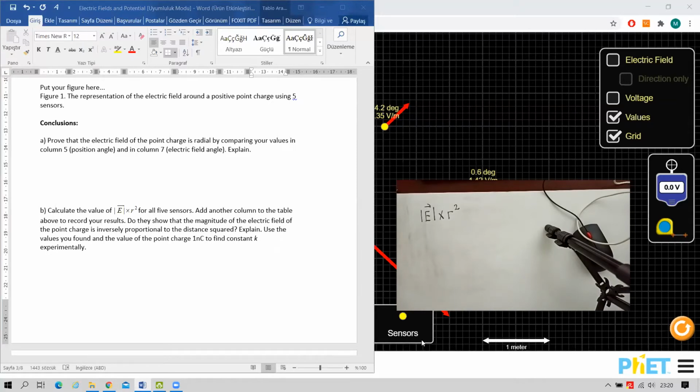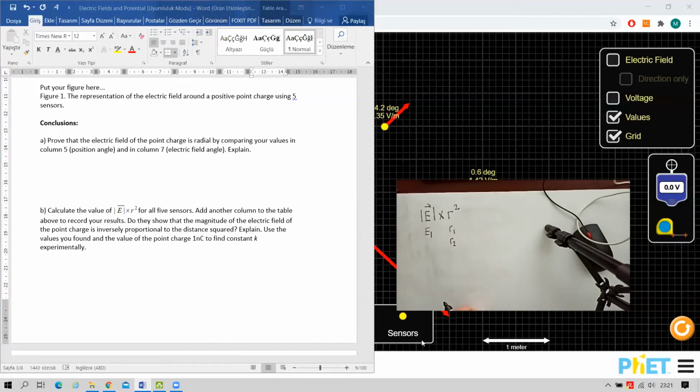Of course, R for each sensor is going to be different because the sensors are located at different points. Whatever the number of the sensor is, these are going to be R1, R2, or whatever. If you are talking about the first sensor, R is going to be R1 and E is going to be E1.